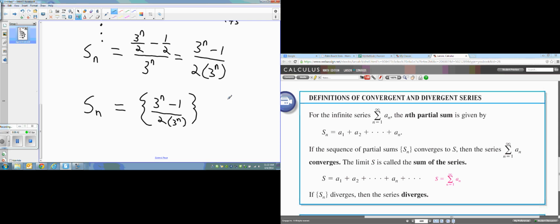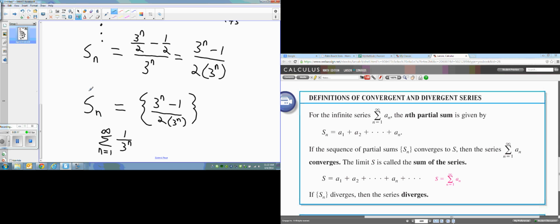Now, the definition over here says for an infinite series, so let's recall what the infinite series is. The infinite series is this one over here. It was 1 over 3 to the n, and I think n is going from 1 to infinity. So in this definition on the right here, for the infinite series, the sum from n equals 1 to infinity of a_n, the nth partial sum is given by Sn.